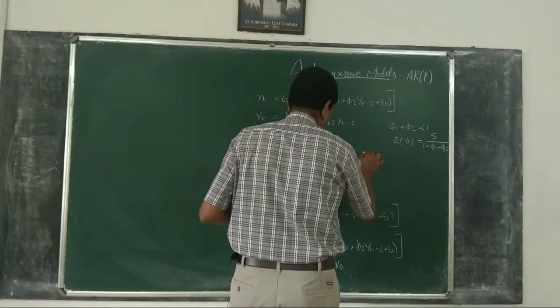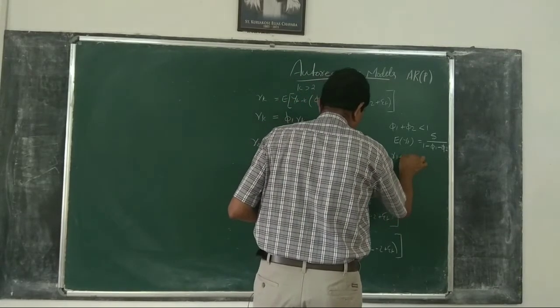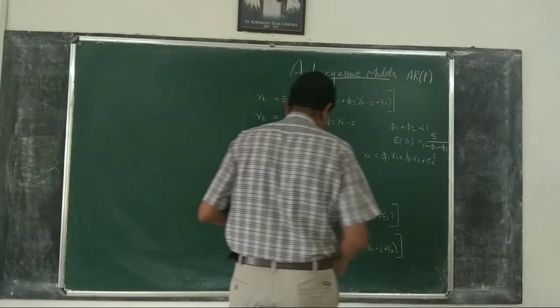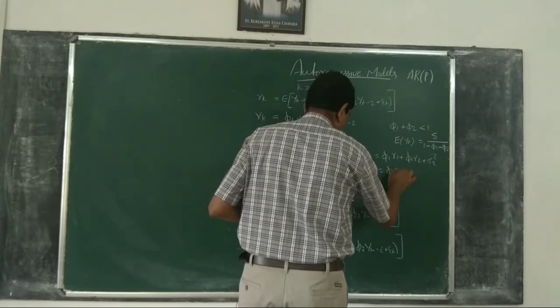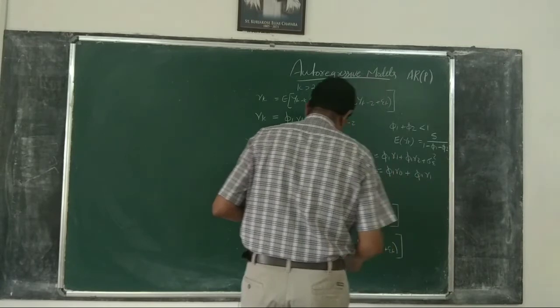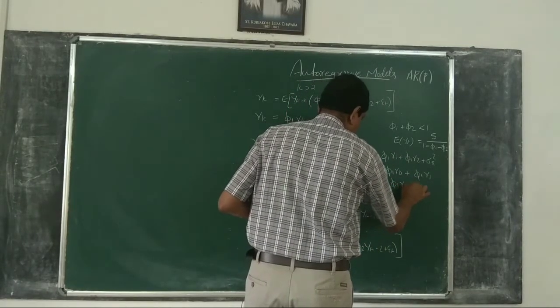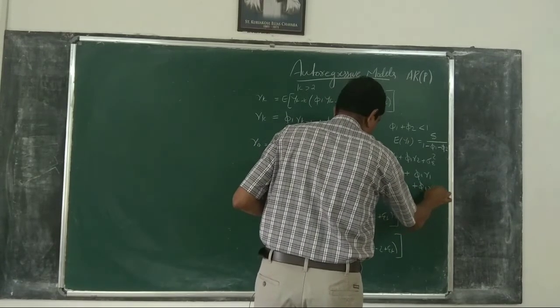Gamma 0 is equal to phi1 gamma 1 plus phi2 gamma 2 plus sigma square epsilon. Gamma 1 is equal to phi1 gamma 0 plus phi2 gamma 1. Gamma 2 is equal to phi1 gamma 1 plus phi2 gamma 0.